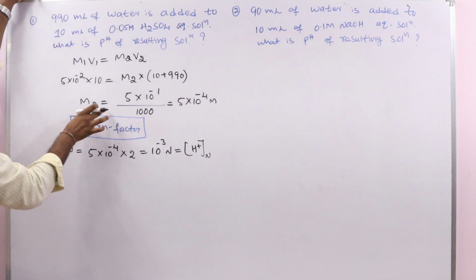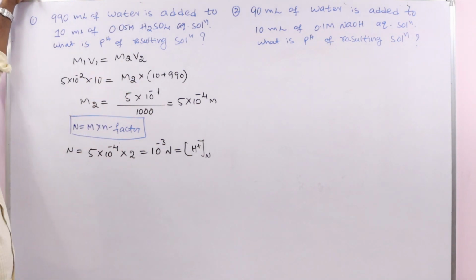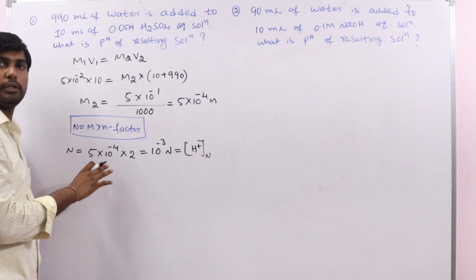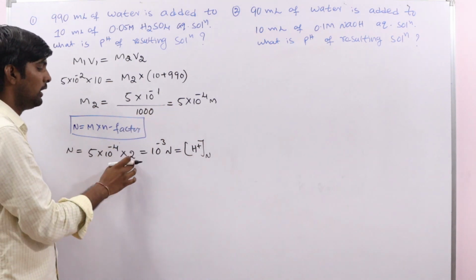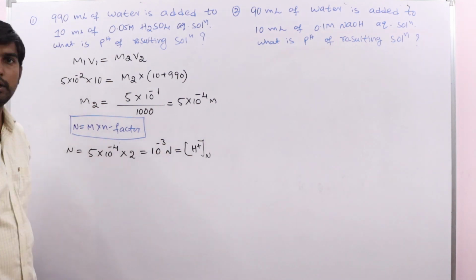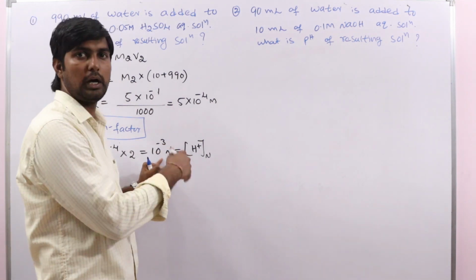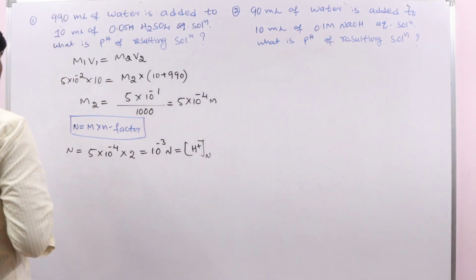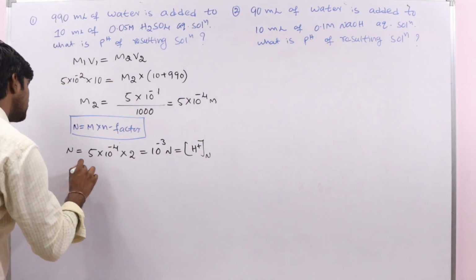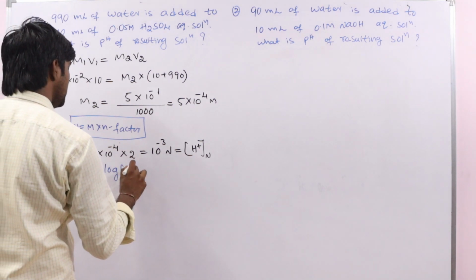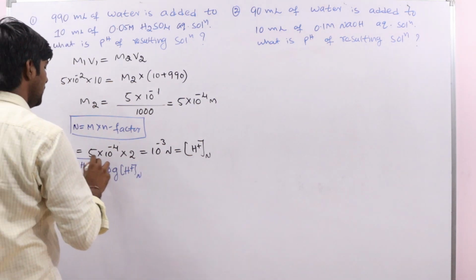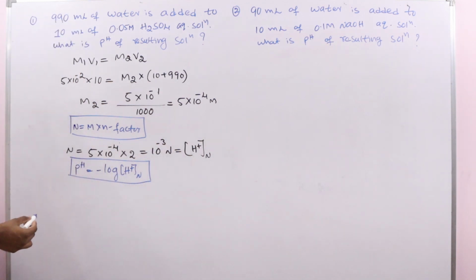Clear? So first find the molarity after dilution, but we need concentration in normality. By using this relation, multiplying with the n factor, we get the concentration of the resulting solution after dilution. Therefore pH equals minus log of H plus ion concentration expressed in normality.